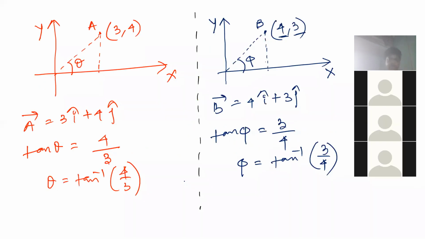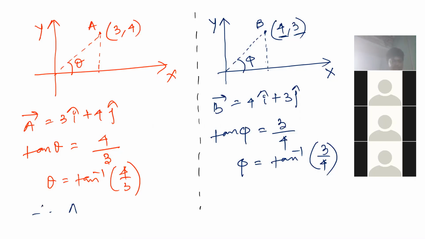So what is the name of these two types of vectors? These vectors are known as equivalent vectors. Equivalent vectors are those vector quantities which have equal magnitude, but the direction can be different. So we can say that these two vectors are equivalent vectors.